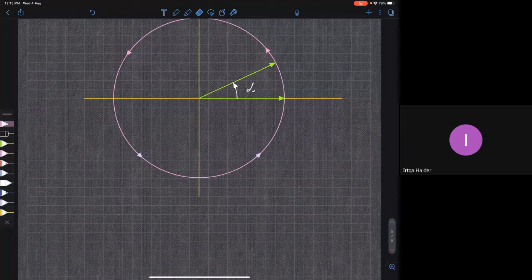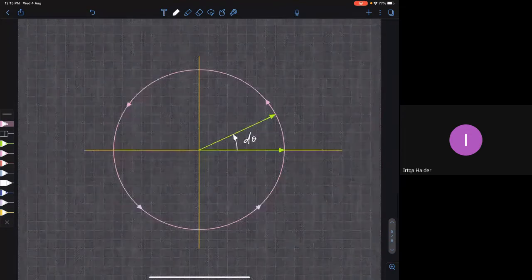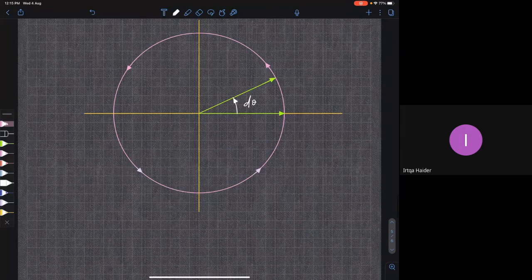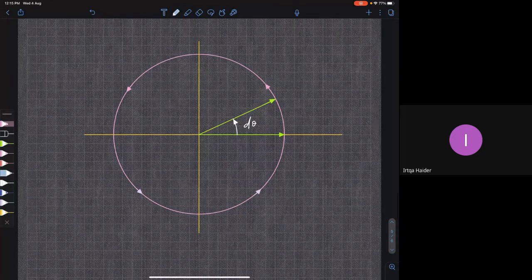Tell me what is d theta? What does d theta mean? That it has traveled a very small distance. Let the time taken for the particle to go from here to here be dt. So can you see?